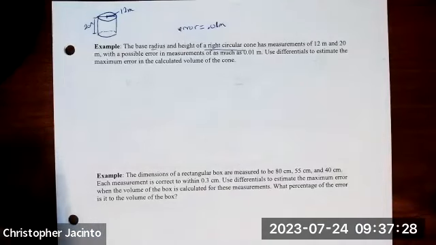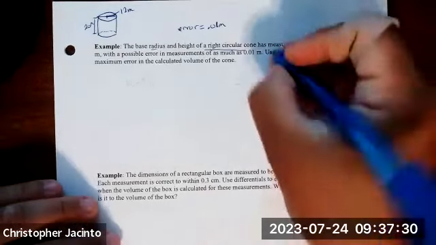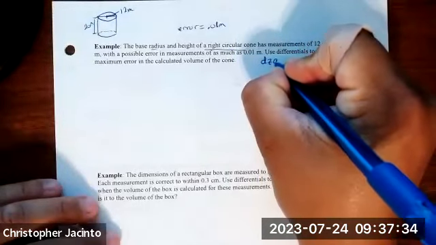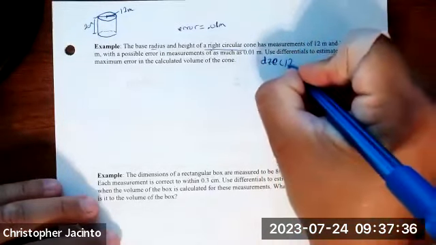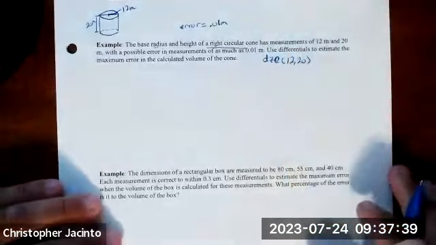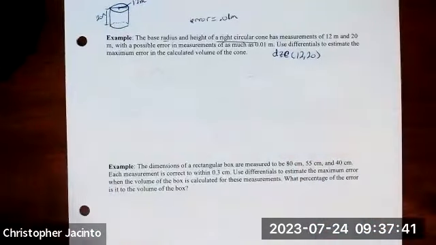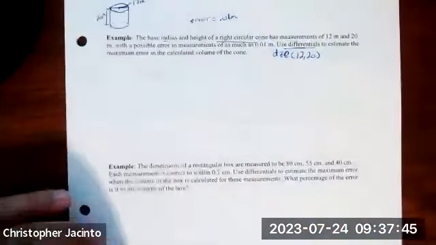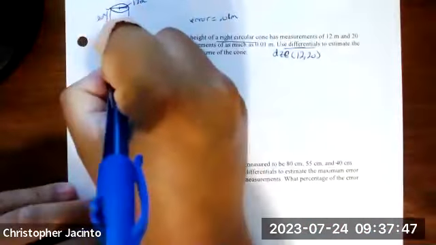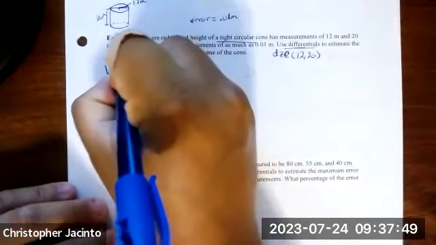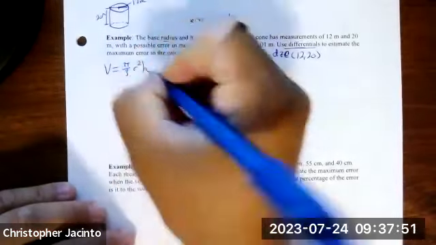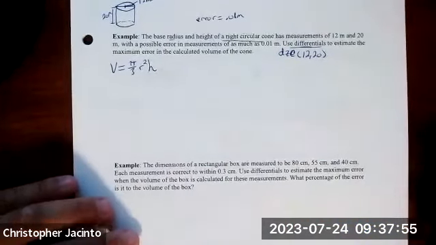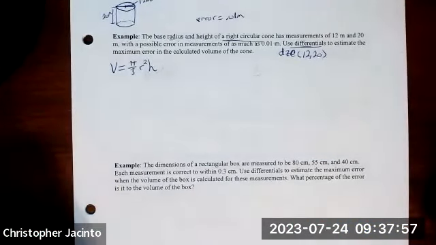Okay, that's interesting stuff, right? So we want to find dz at the point 12, 20, the change of z, right? Because we want the differential. Okay, so we have a volume of a cylinder is equal to pi over 3 r squared h. Okay, so think of this as just like xyz.